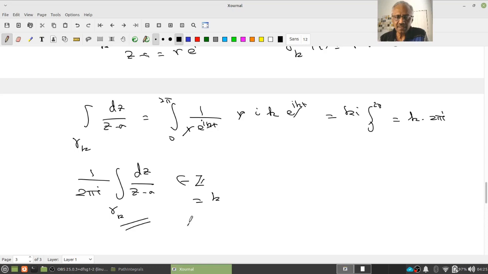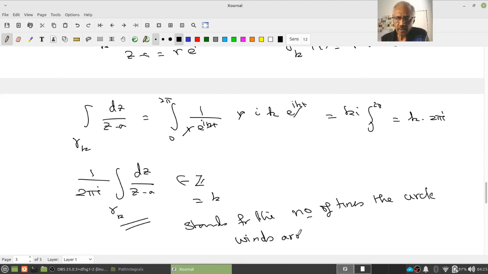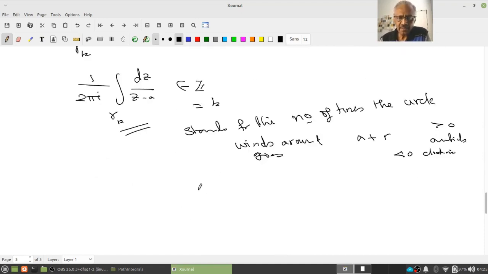This integral stands for the number of times the circle winds around or goes around a plus r. It is positive if it is anti-clockwise direction, and negative if it is clockwise direction. Okay, keep that in mind. If you don't understand also, it's okay, just keep that idea in mind and go through the computation.